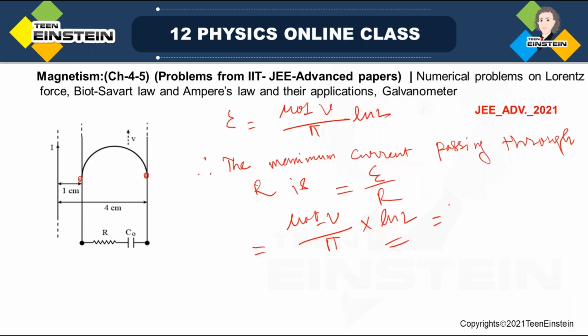Now if we put the values appropriately, mu0 is 4π times 10 to the power minus 7, I is 2 ampere given, V is 3 meter per second, and ln2 has a value nearly 0.7, and this is pi.